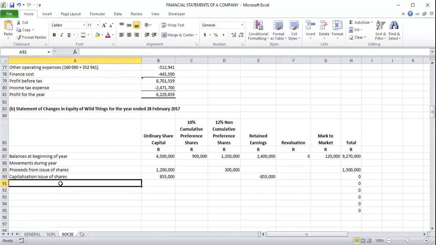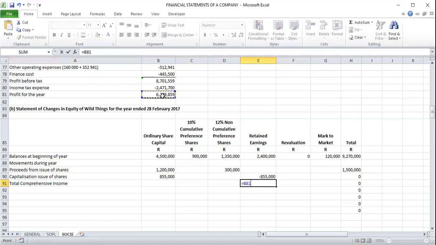Right. Then our profit for the year, or in fact, actually, we can just call it total comprehensive income. It's made up of 3 things. Our profit for the year goes under the retained earnings, which is this one that we calculated here. Our revaluation will go under the revaluation.